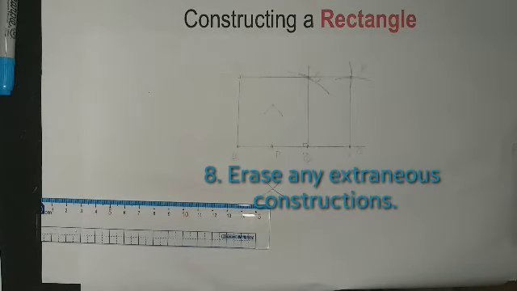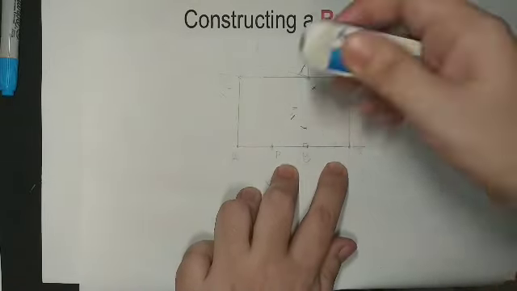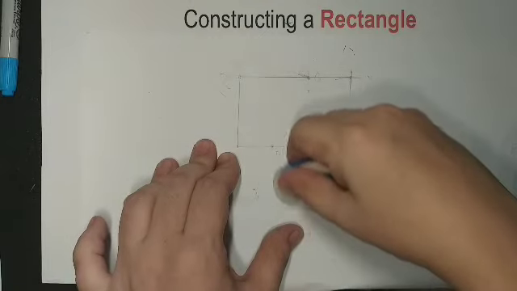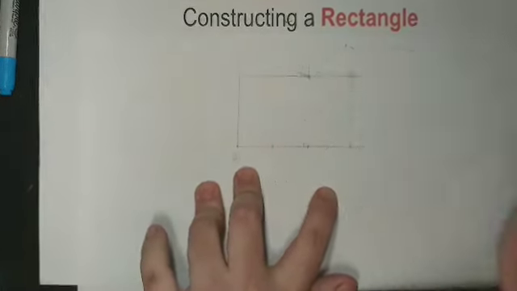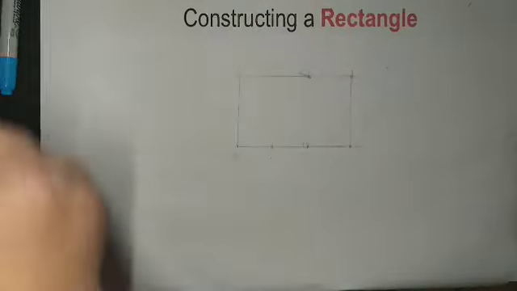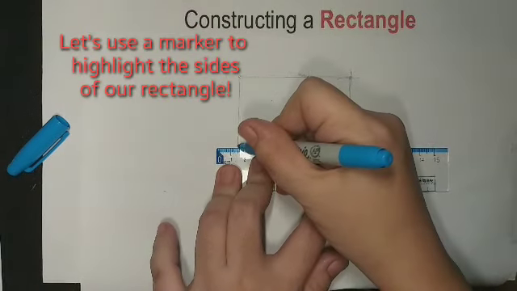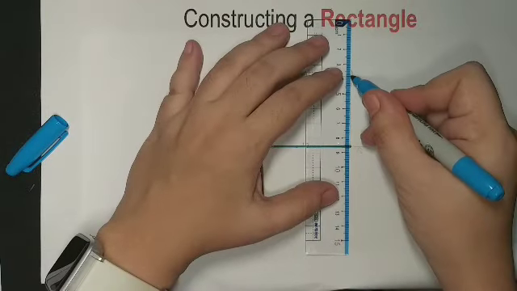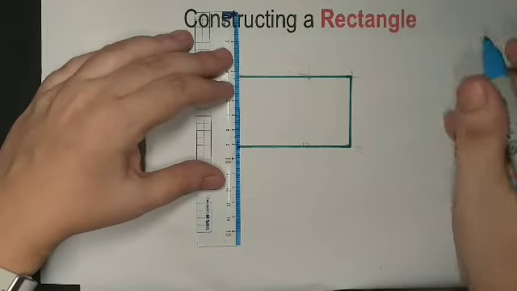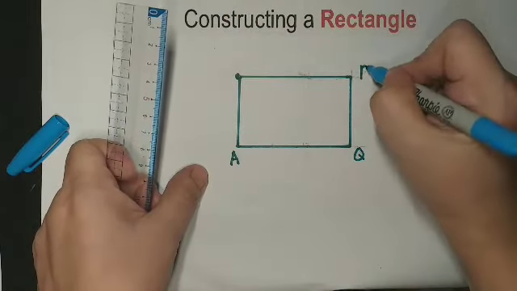Let's just erase the extra erroneous constructions that we have here. Our rectangle AQRD.